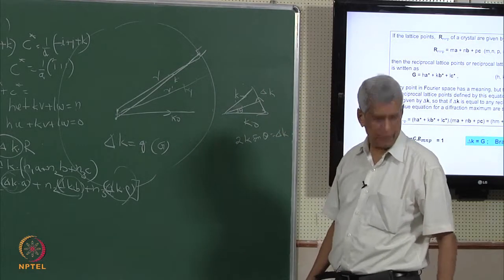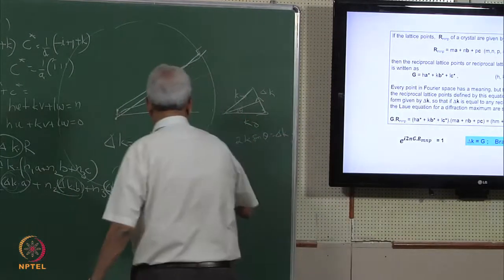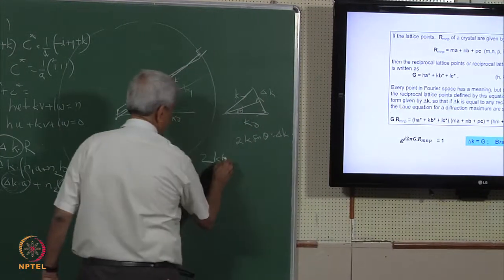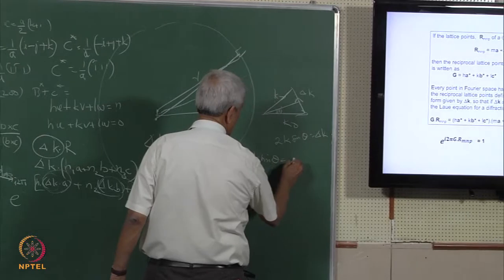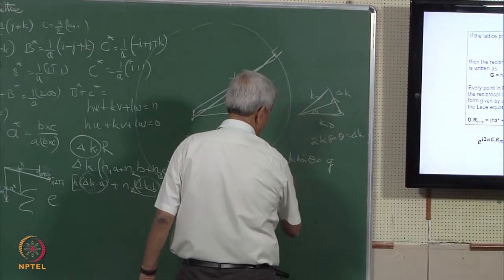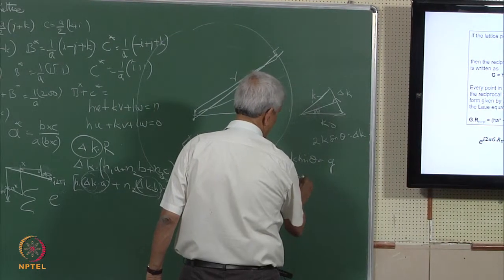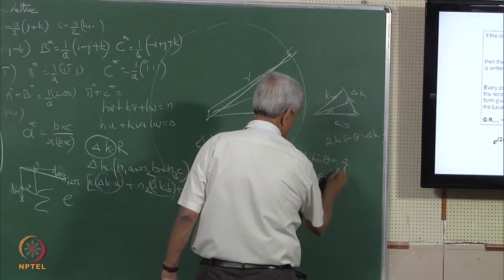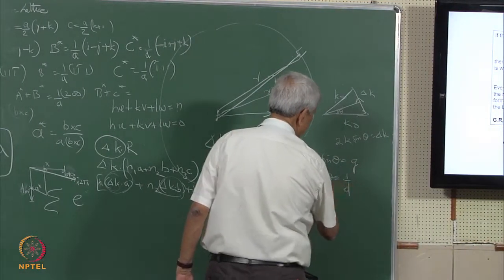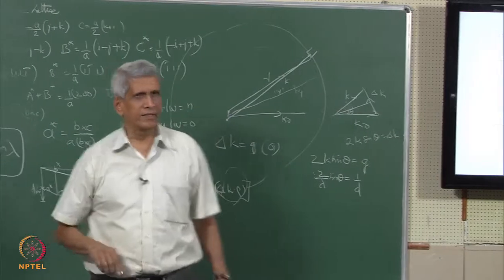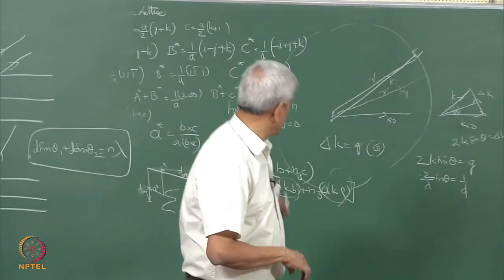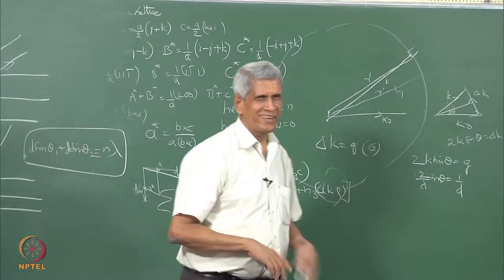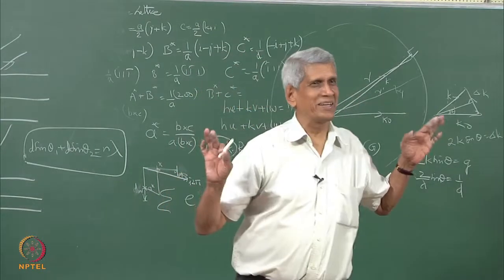Is it not? So 2k sin theta equals G. This is 2 by lambda sin theta equals 1 by d, and this is what Bragg's law is. So this is the Bragg condition.